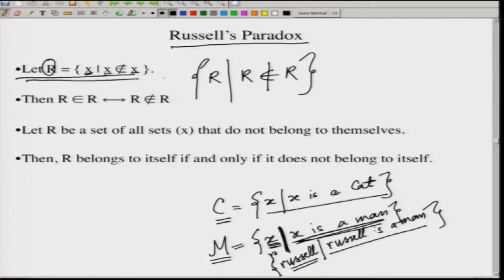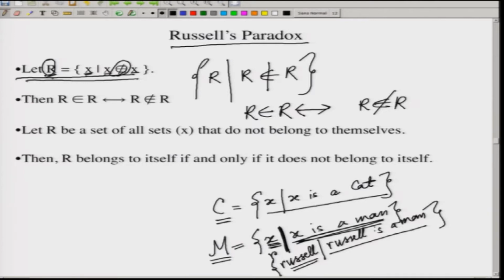Now, R is a member of R if and only if R does not belong to R, because this is the whole point of what we have written here: in order to belong to the set R, a set has to non-belong to itself.